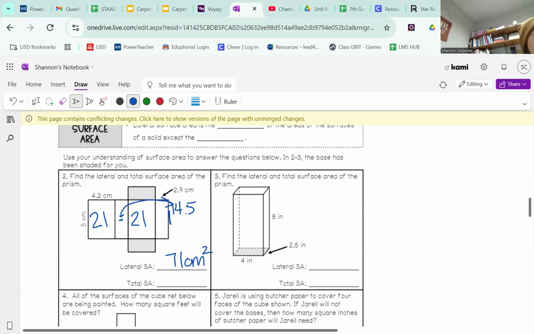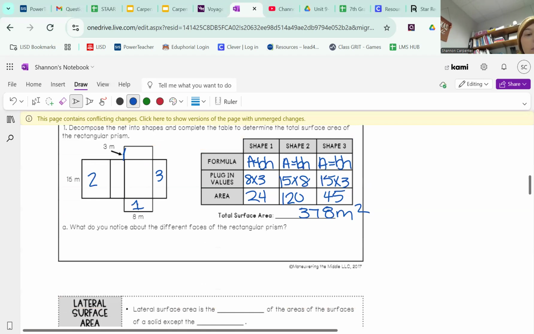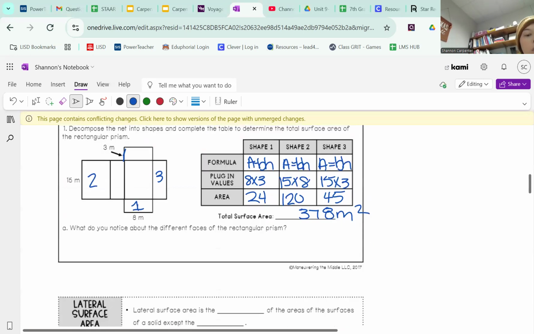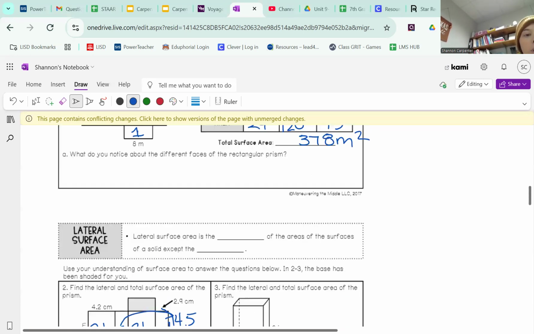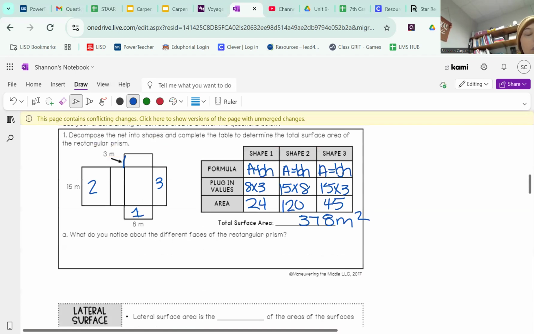If I wanted to find the total surface area, then I would need to add in these two pieces. So go back up and look at this. If we're looking at the top and the bottom, remember on this one, we said that this piece was 3 and this one was 8, and that worked for both of them.